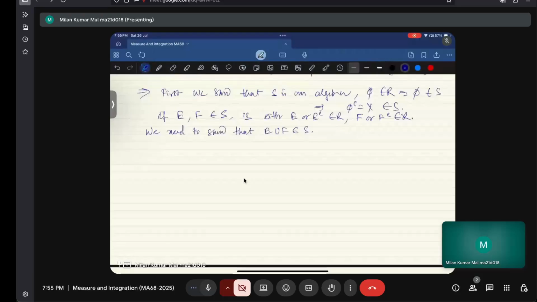First case, E belongs to R, F belongs to R. In that case, E union F belongs to R because R is a ring.